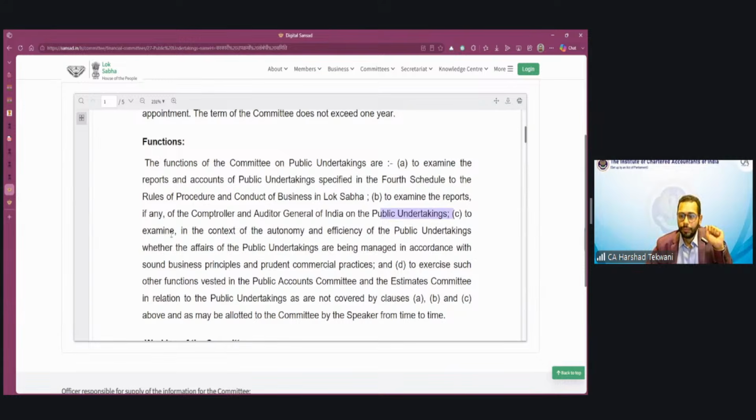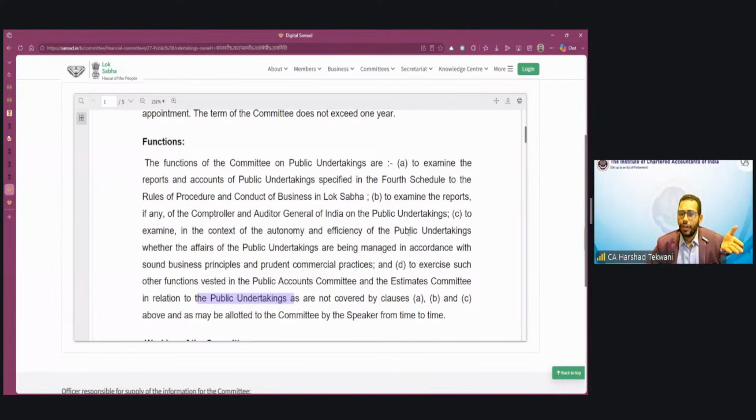To examine, in the context of autonomy and efficiency, whether the affairs of the public undertakings are managed in accordance with business principles and prudent commercial practice. To exercise such functions vested in the public accounts committee and estimates committee in relation to public undertakings not covered by these clauses. So, additional functions also.